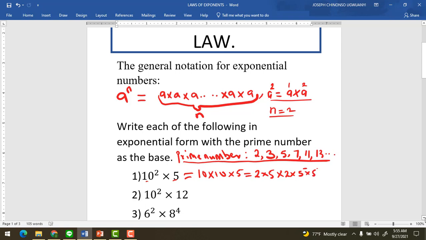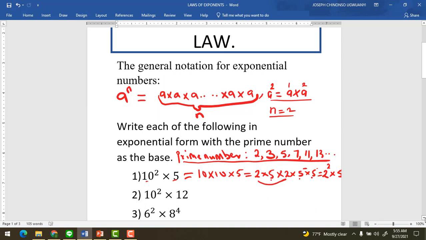Here we have 2 into 2, then we have 5, 5, 5. This is equal to 2 exponent 2 times 5.